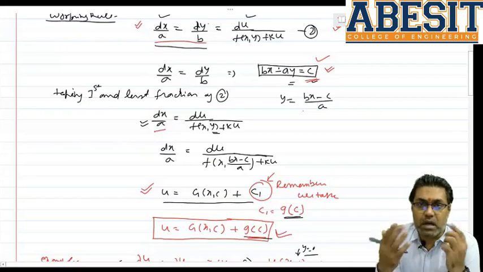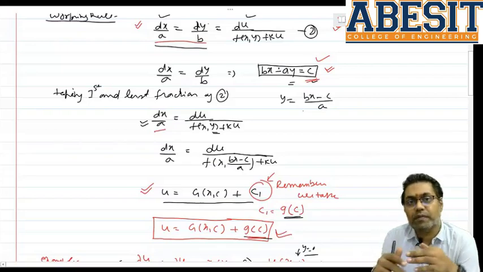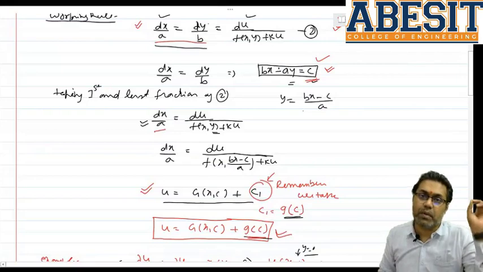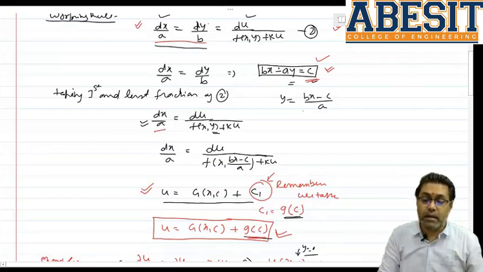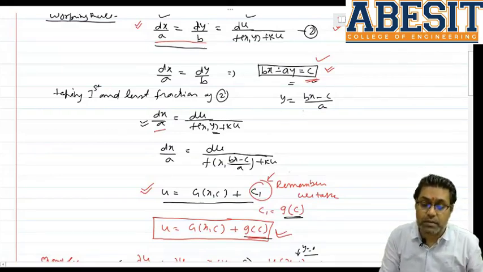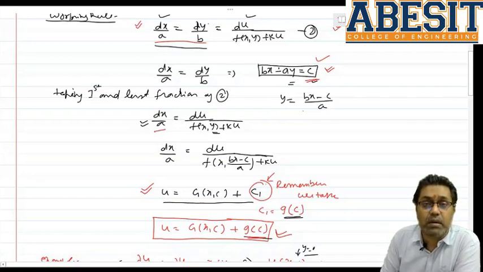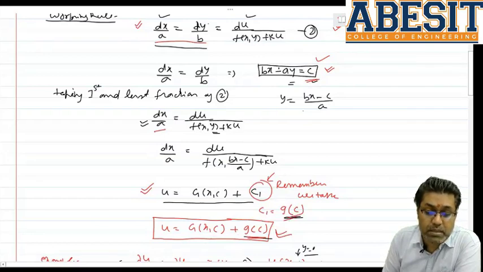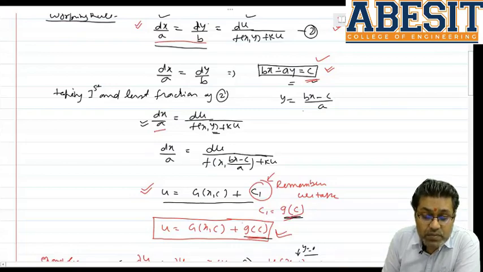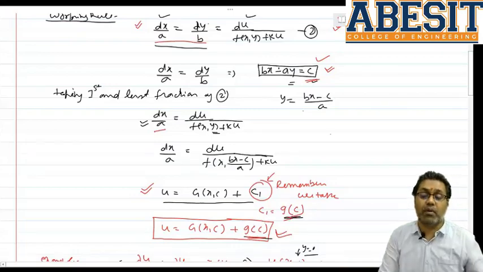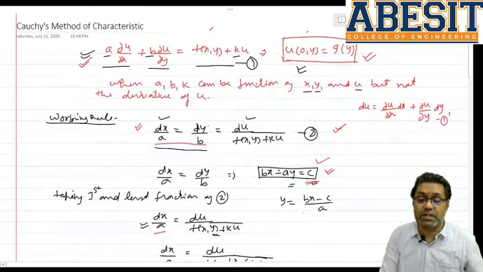We take this arbitrary constant as a function of the constant which we got earlier. So here this quantity is c, and c1 is nothing but a function of c. So our solution is u = g(c) + some function of c, and we will determine this function with the help of our boundary condition which is given here, u(0, y) = φ(y).